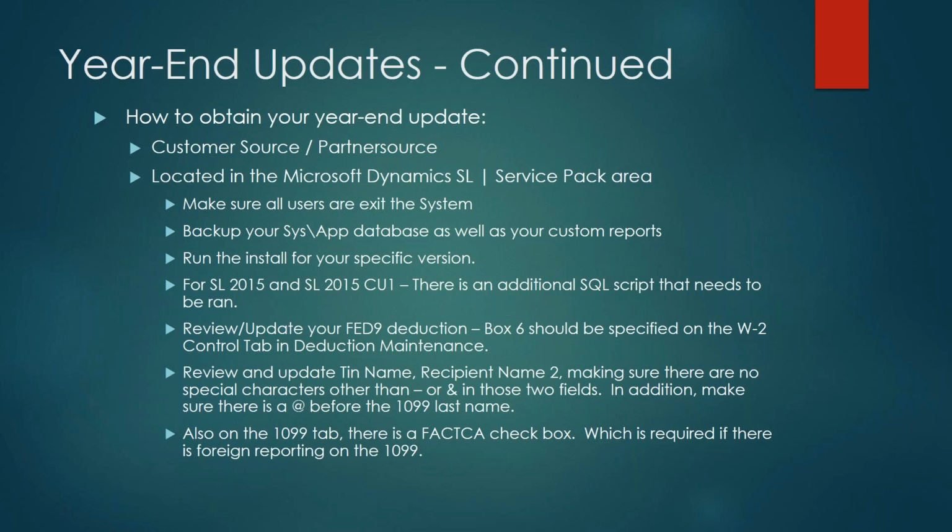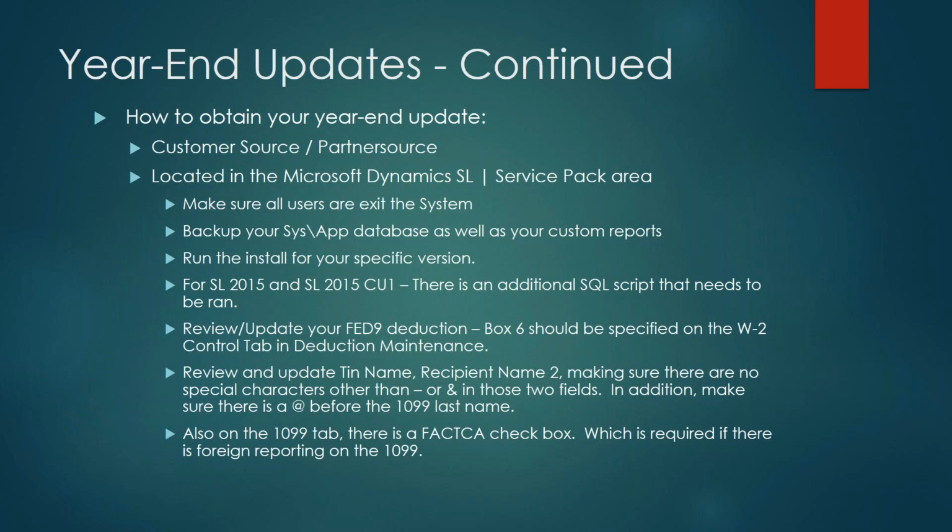You'll review and update your Fed9 deduction. Your box 6 should be specified on the W-2 control tab in deduction maintenance, which I'll show you a little bit farther into the session. You'll need to review and update the TIN name, the recipient name too, and making sure that there are no special characters besides a hyphen or an ampersand in those 2 fields.